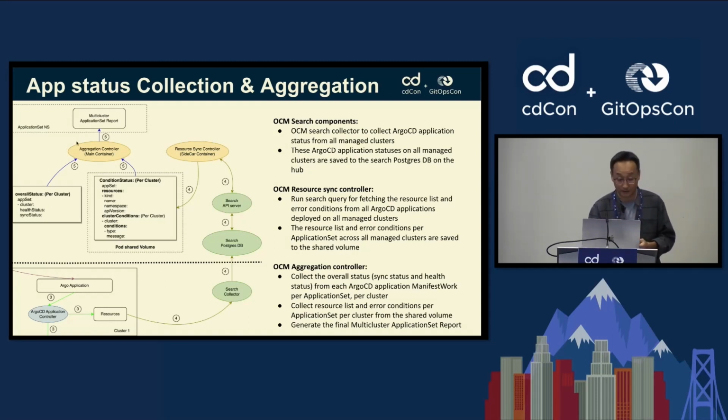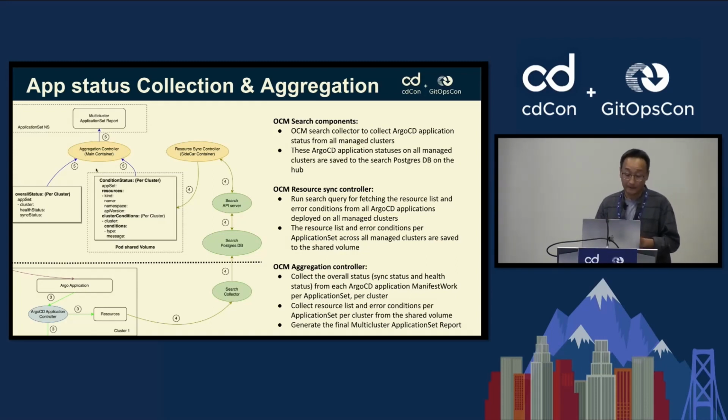From here, this aggregation controller also combines two statuses. It fetches the overall status from the manifest work, as I just showed. We specify the JSON path to fetch the overall status, including the health status and the sync status.